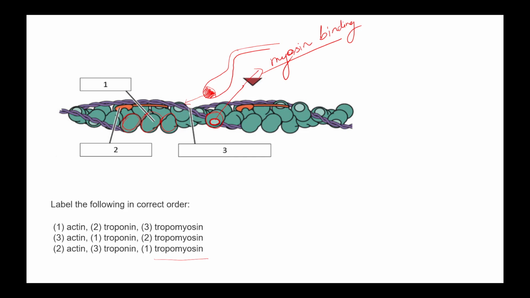And after binding with calcium, what happens? Once the troponin binds to the calcium, it moves the tropomyosin away from the actin, so that the myosin binding site on actin gets exposed. So it unmasks the myosin binding site on the actin by removing the tropomyosin.